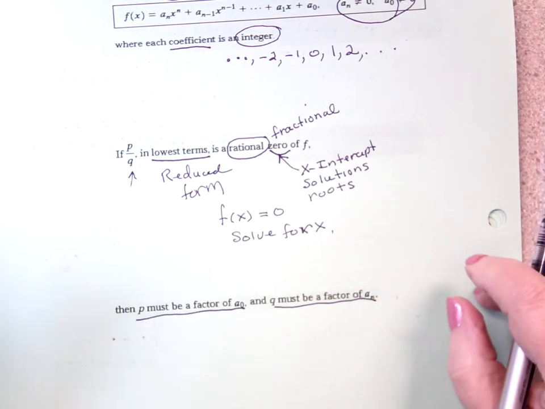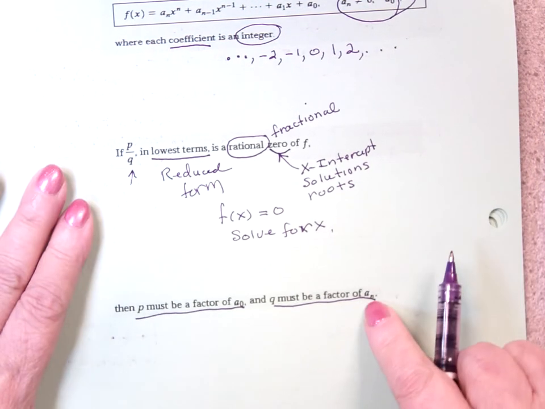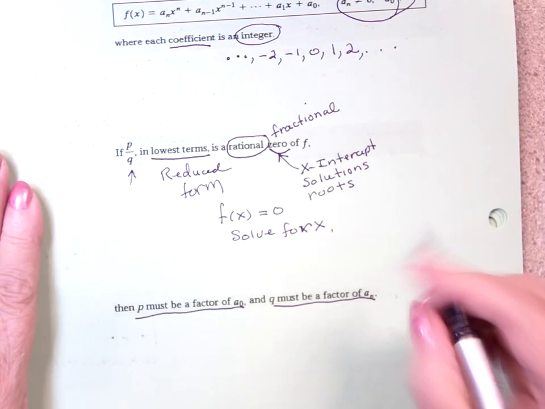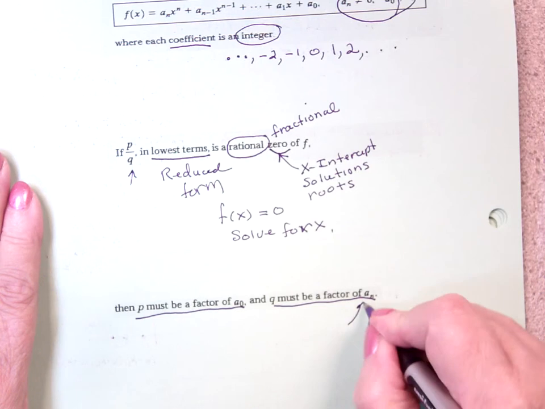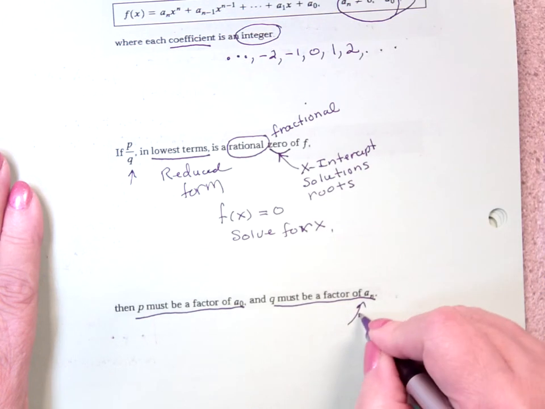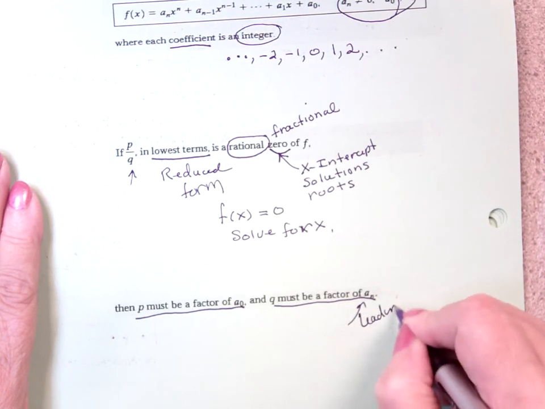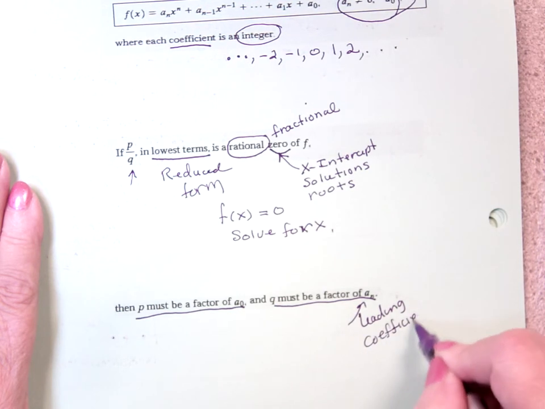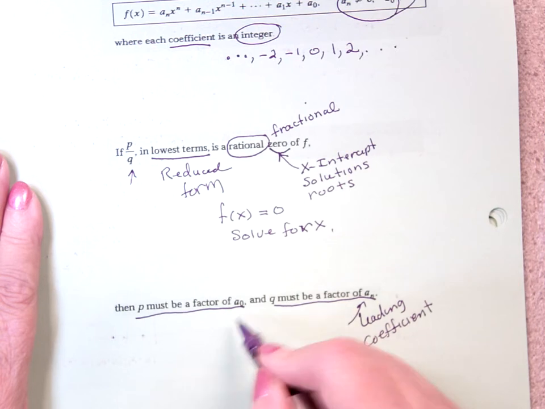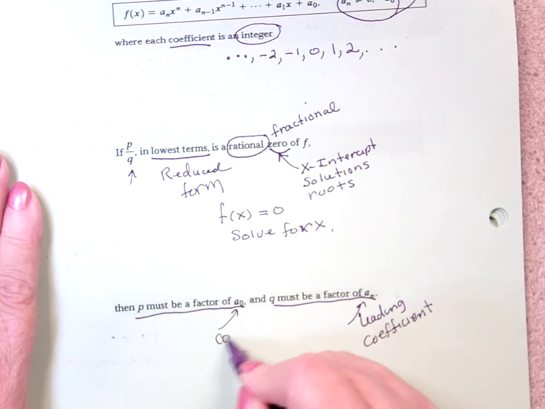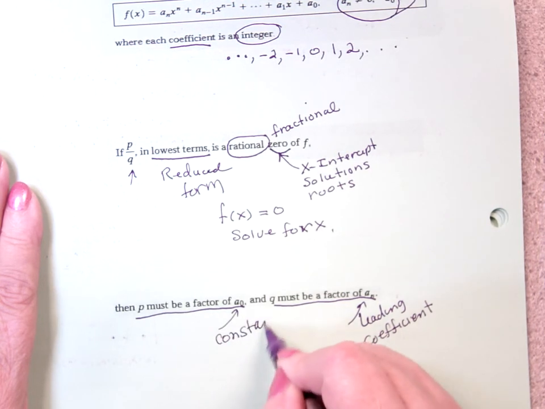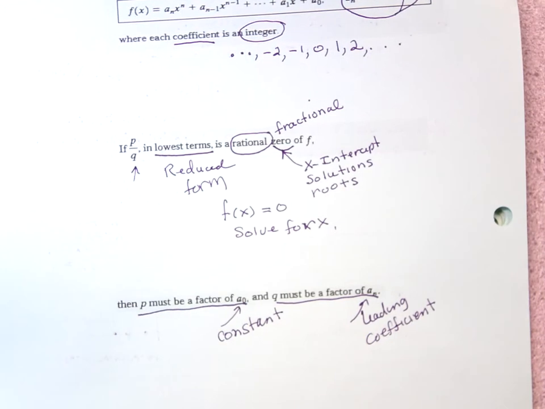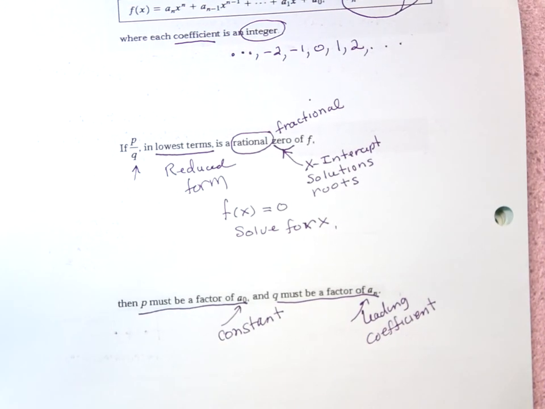Now, to me, I've got to think about an as the leading coefficient, and a0 is the constant. That still isn't good enough for me. It's just too hard.